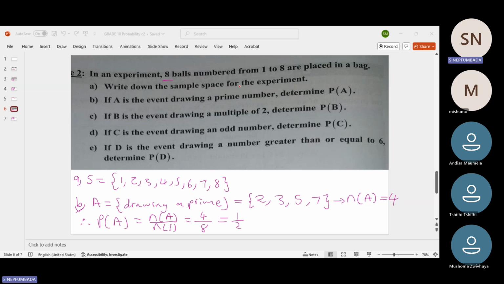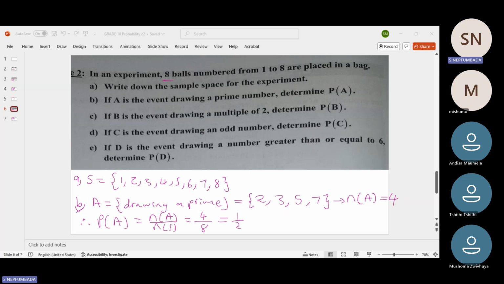So now, they say if A is the event drawing a prime number, determine the probability of A. So drawing a prime number, what are the prime number values?